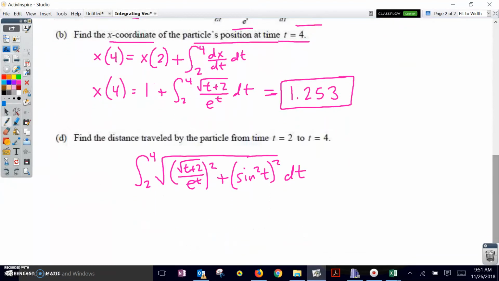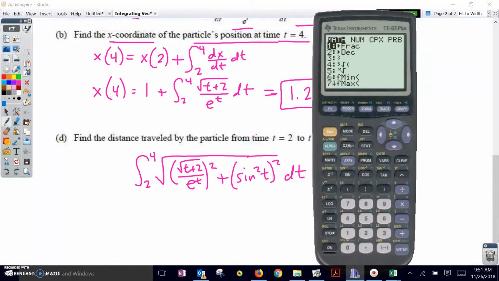And now I'm going to break out my handy-dandy calculator again. Go to Math 9. I've got the square root of, alright, let's see, quantity, square root of t plus 2, close quantity, over e to the t, close exponent, close quantity squared, plus quantity sine of t squared, close quantity squared, close the square root.